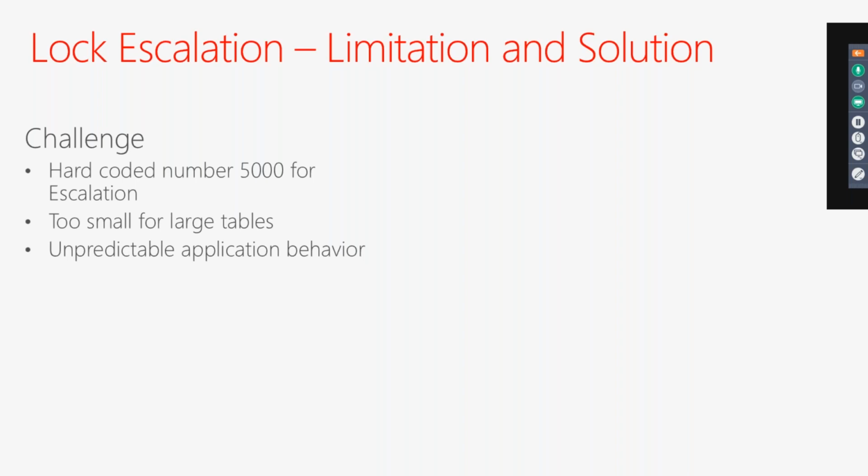So we did a lot of experiments. If we do that, it will not work with every customer workload, because in some cases they may want escalation to be at 5%, some people want 8%, and things like that, right?